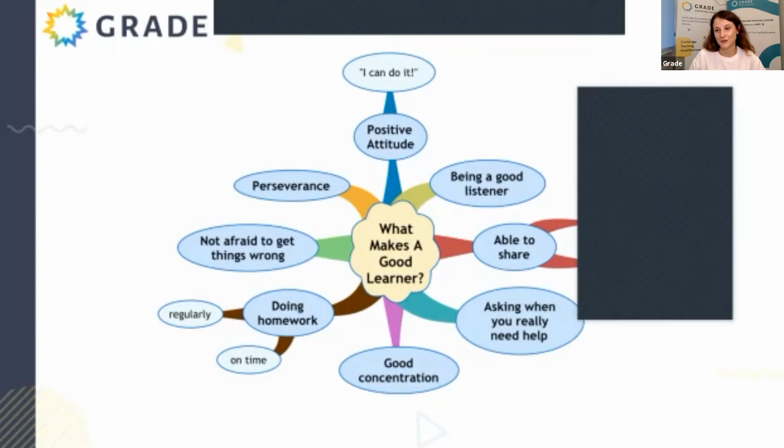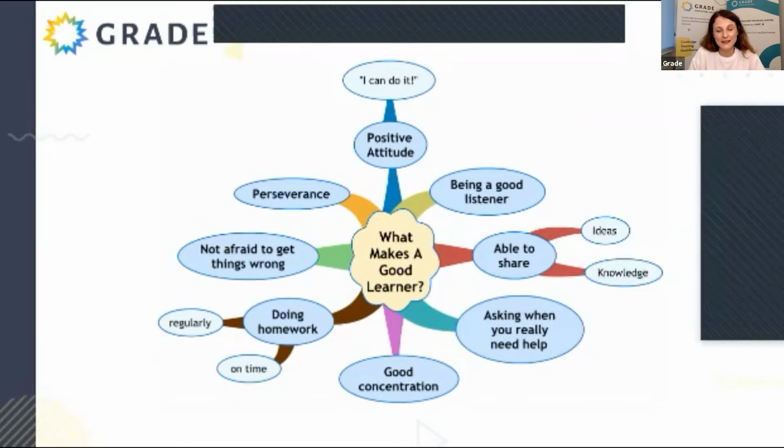So a good learner is the one that has a positive attitude, and positive attitude is when they say, I can do it, irrespective of my mistakes, for example, or irrespective of that, I don't understand something.